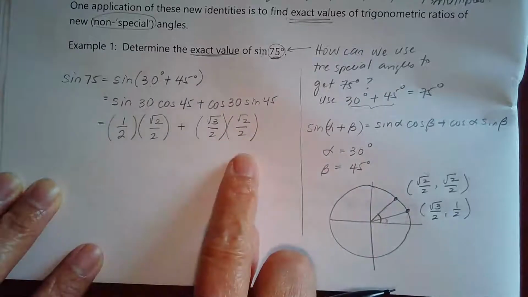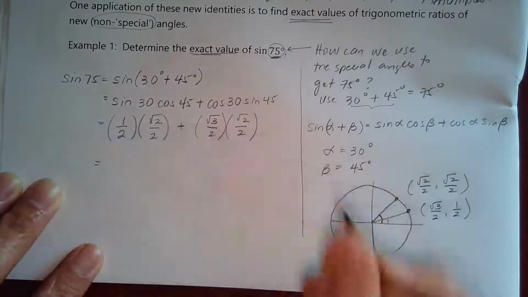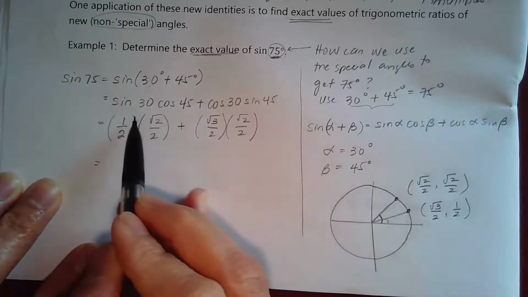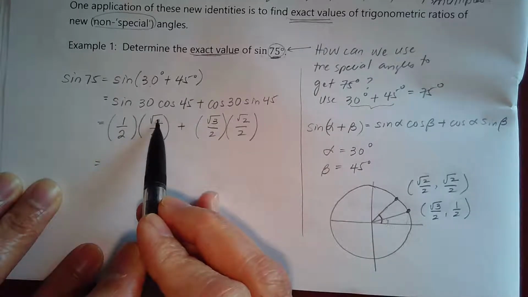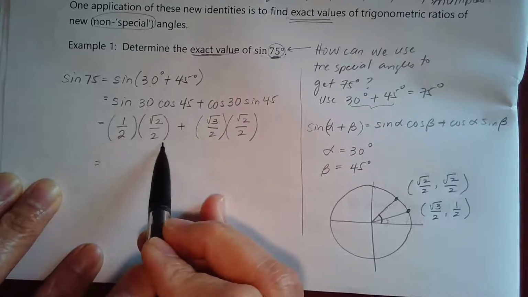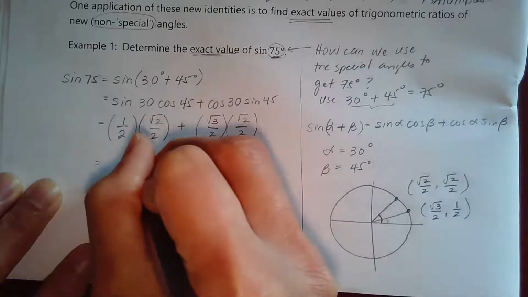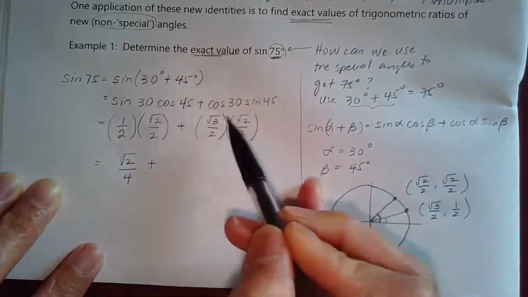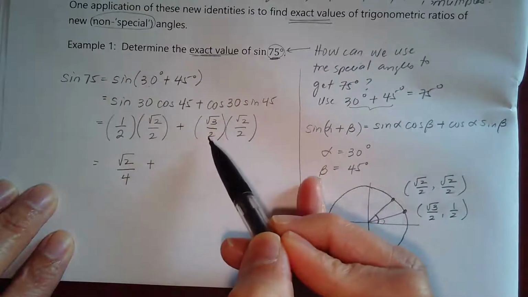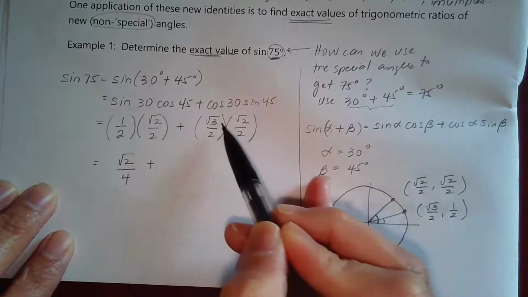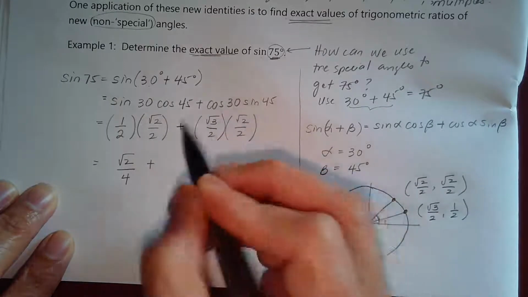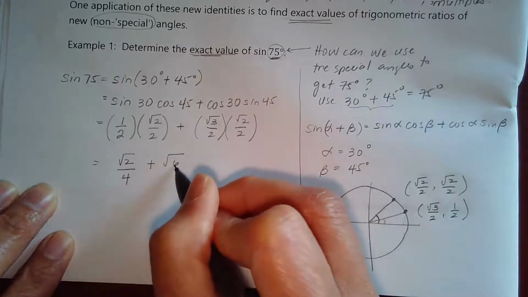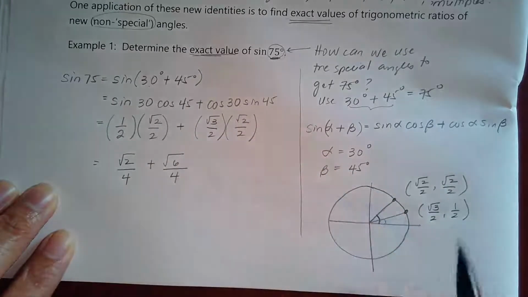Now we can simplify that. That's going to be 1/2 times root 2 over 2. We multiply numerator times numerator, denominator times denominator, which gives us root 2 over 4, plus root 3 over 2 times root 2 over 2. Root 3 times root 2 is root 6, divided by 4.